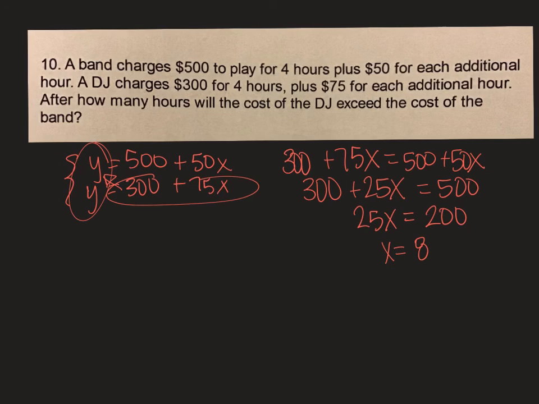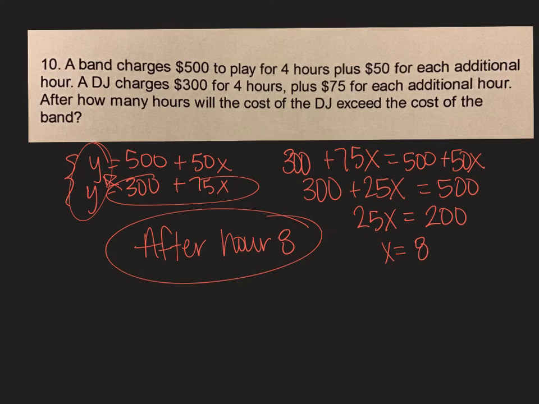So that DJ is going to start to cost more after hour 8. At hour 8, they're going to be the same price. So any time after 8 hours, any longer than 8 hours, it's going to make that DJ cost more than the band.